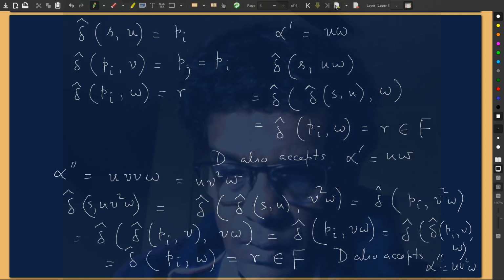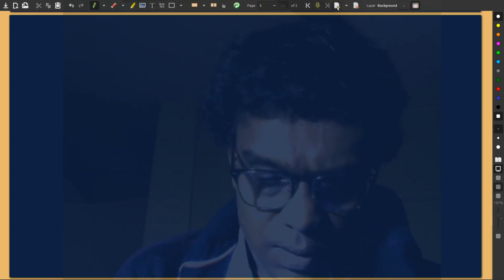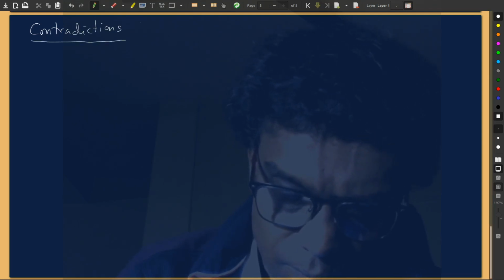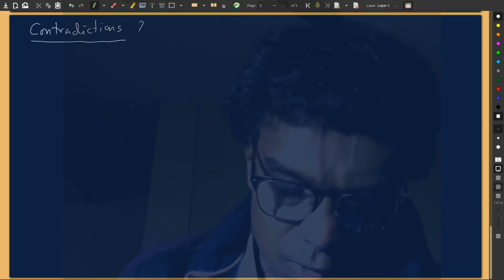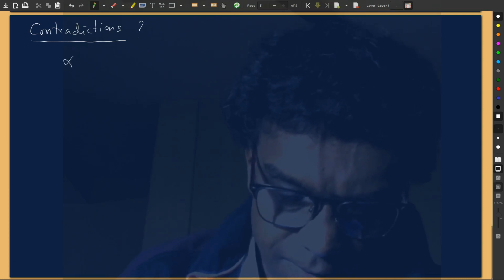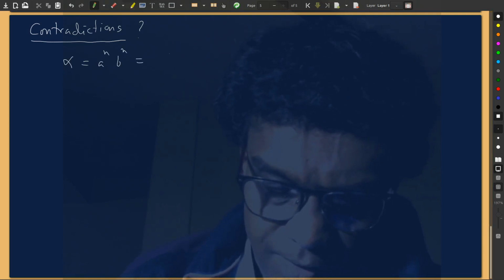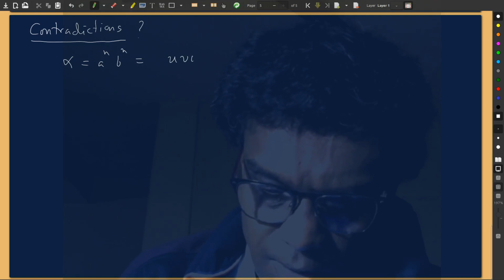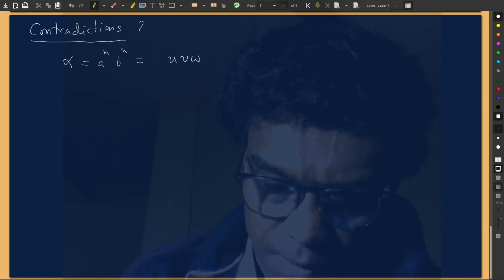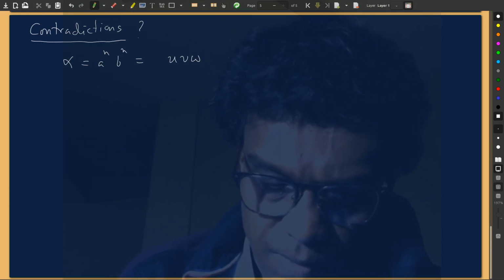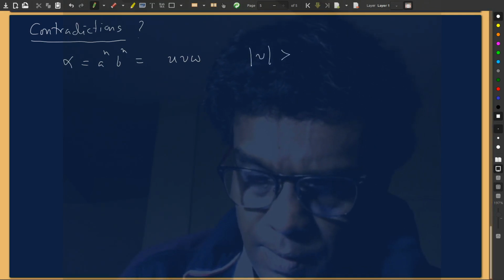So now let us see which contradiction these observations may lead to. Consider this string. Once again let us say alpha is A power n, B power n, and this is broken down as U, V, W, and because I is strictly smaller than J, we must have V greater than 0.